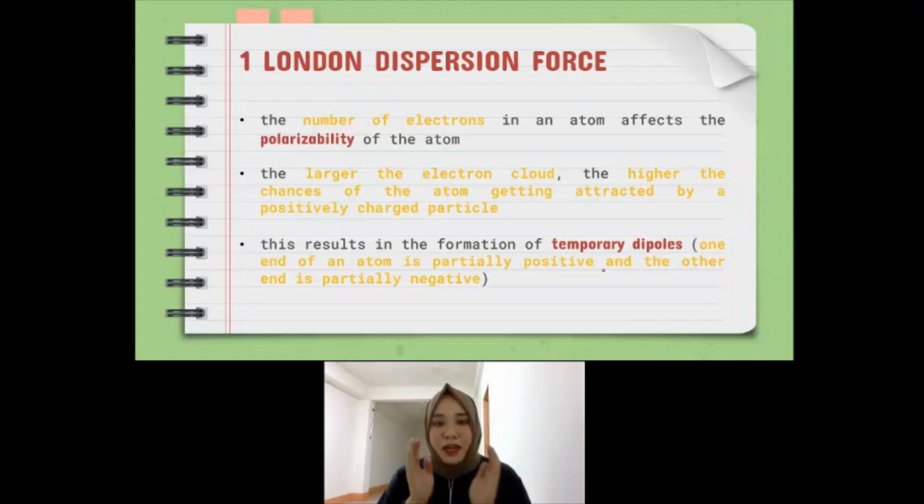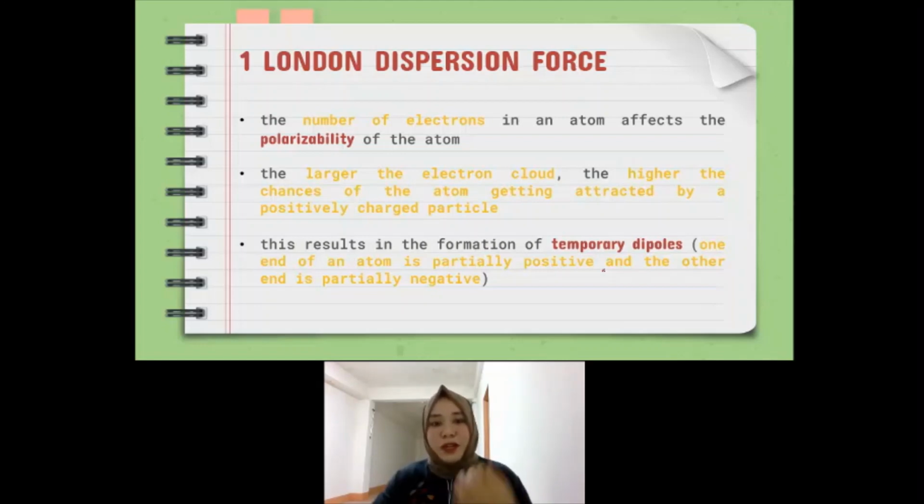Okay, remember, in the rules of chemistry, opposites attract. A positively charged particle will always be attracted to a negatively charged particle, vice versa. If they are of the same sign, they repel. So again, opposites attract.